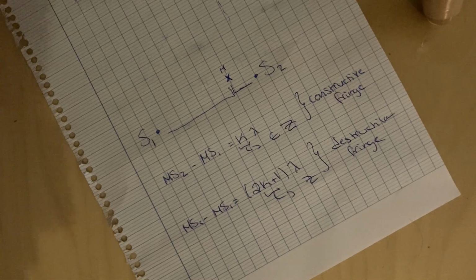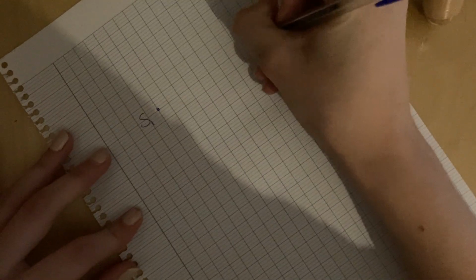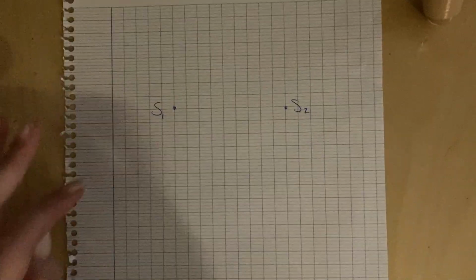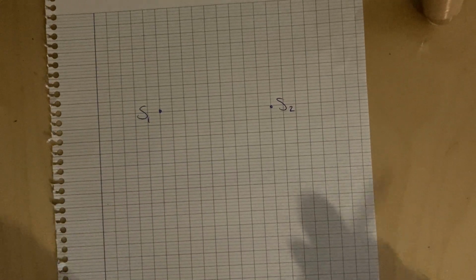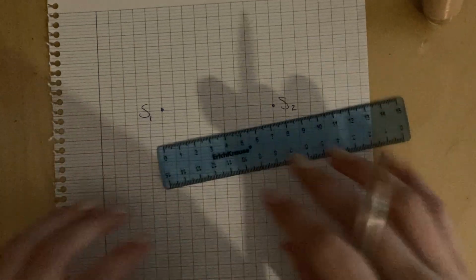One important thing to know about fringes, let me draw another diagram for you. S1, S2. All the fringes in between these are going to have numbers. Constructive fringes are always one more than destructive fringes because the midpoint between these two is always going to be a constructive fringe.